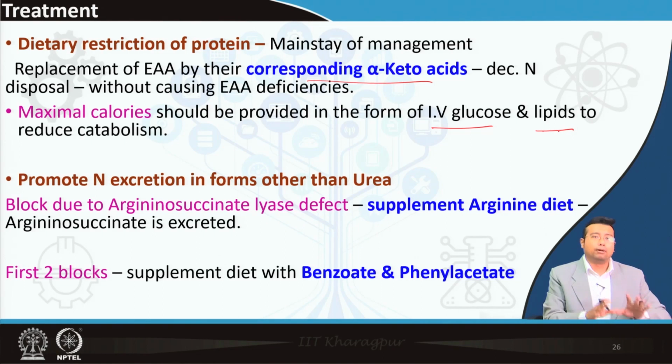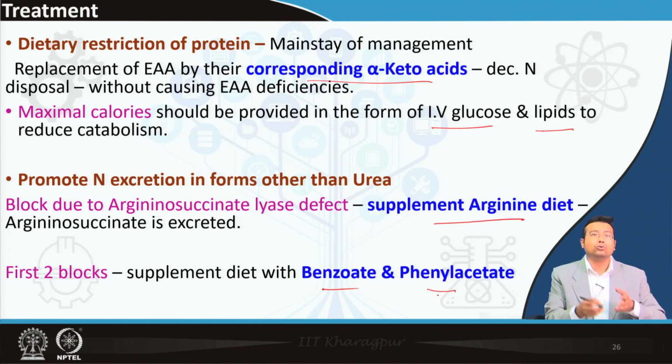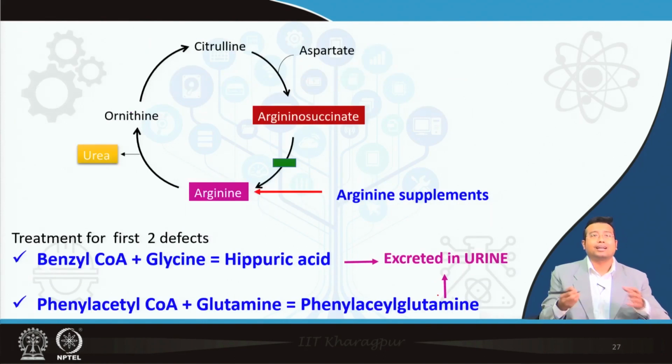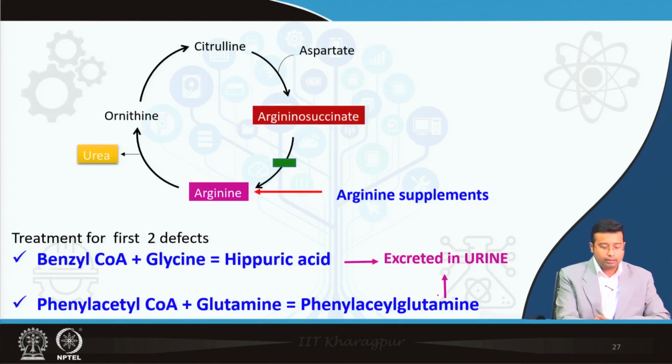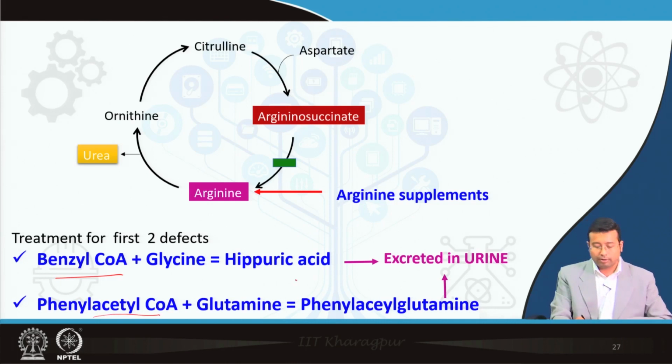Whenever there is a block in arginosuccinate lyase, we can supplement arginine in the diet, because arginine is synthesized with the help of that enzyme. In the first two blocks we can supplement with benzoate and phenyl acetate or phenyl butyrate, which give rise to soluble compounds that are excreted in urine.